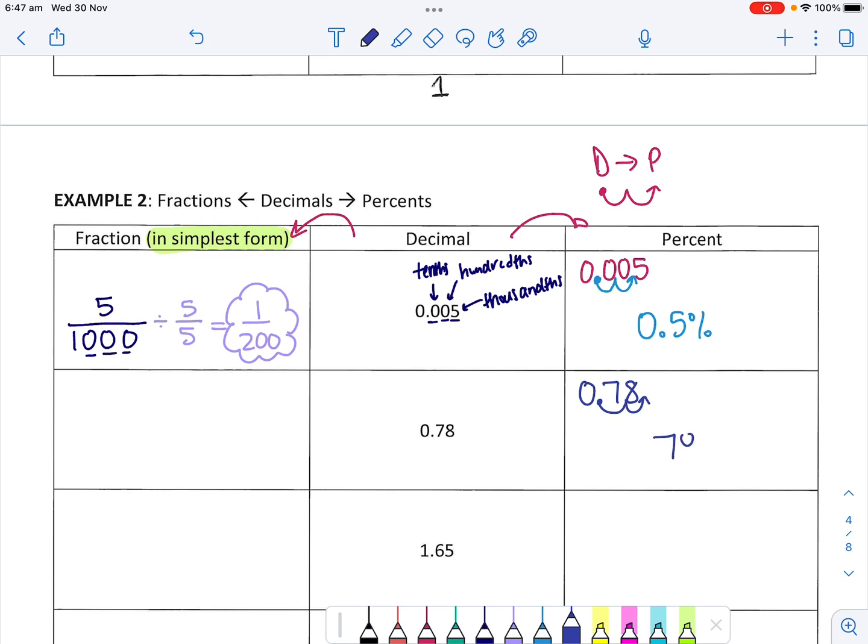So this is going to be 78%. And then for 78, I'm going to count my decimal places, tenths, hundredths, so it's going to be 78 over 100. 78 and 100 are both even, so I'm going to divide by 2. 78 divided by 2 is 39, and 100 divided by 2 is 50.